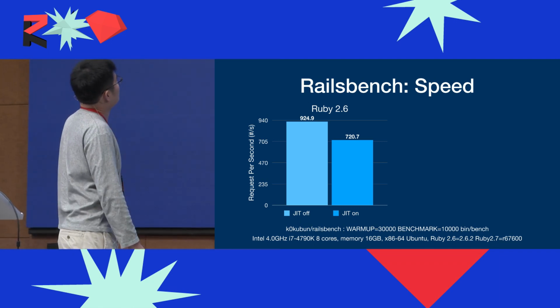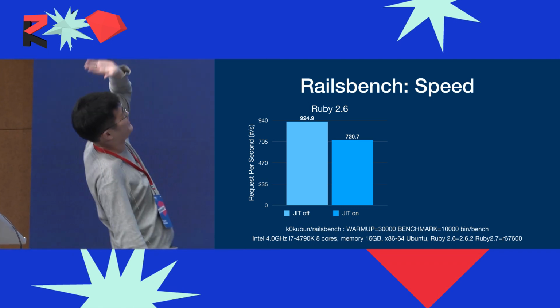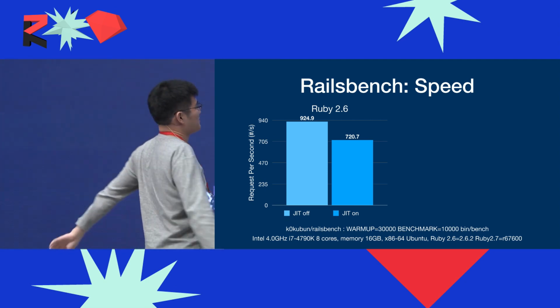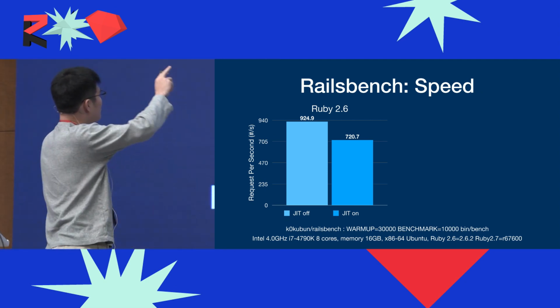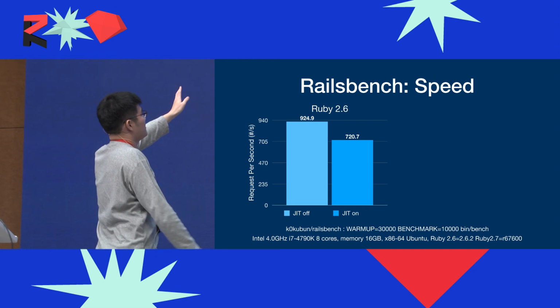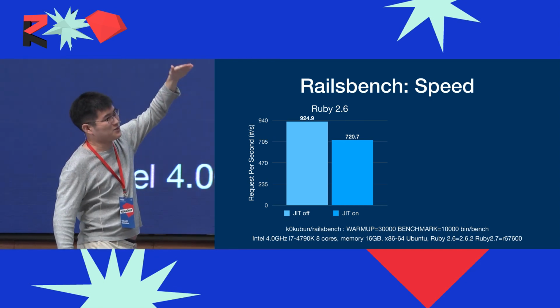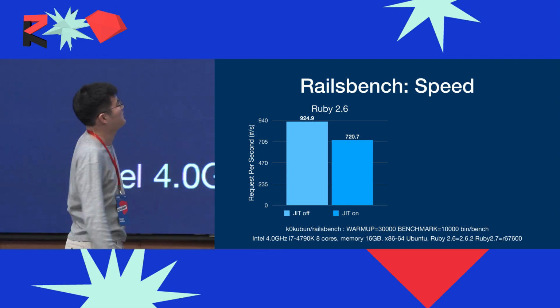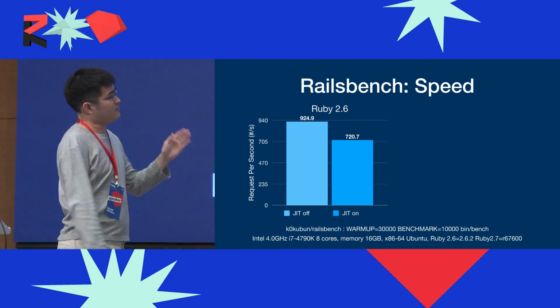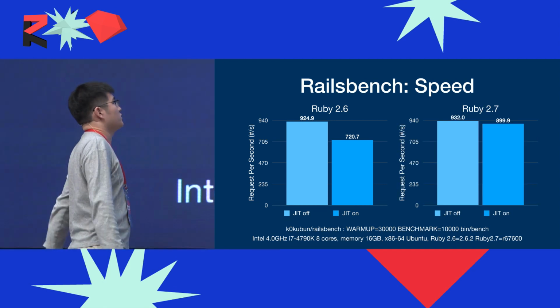In Ruby 2.6, the performance was like this. The right side is with JIT enabled, and higher is faster, so this means it was much slower. But in 2.7, currently, the performance is like this.